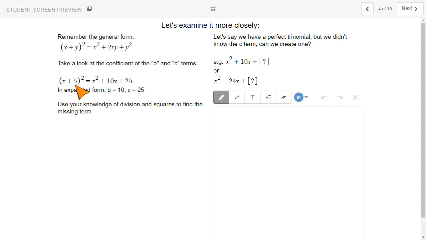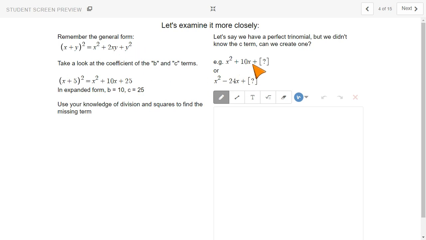Let's examine this a little more closely. The coefficients b and c are related because the b term is 2xy and the c term in the trinomial is y squared.